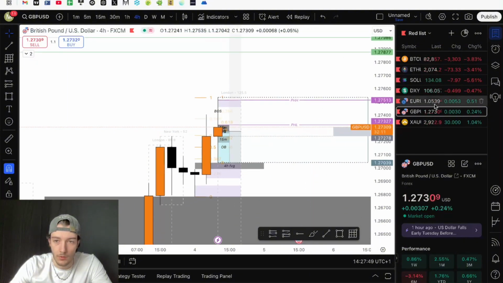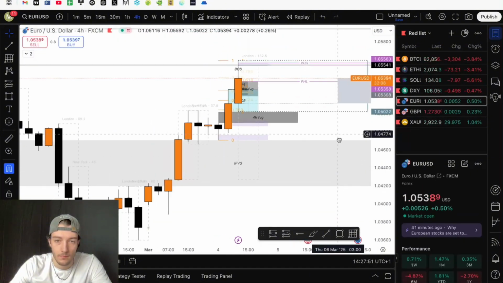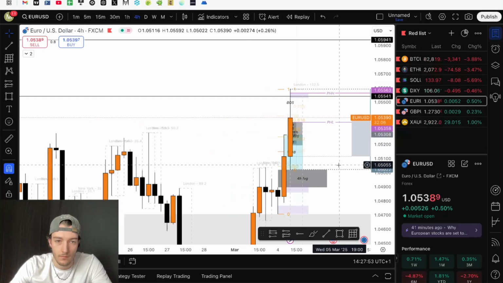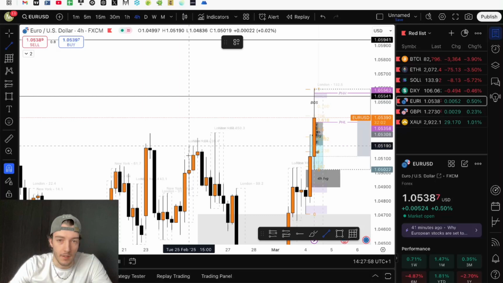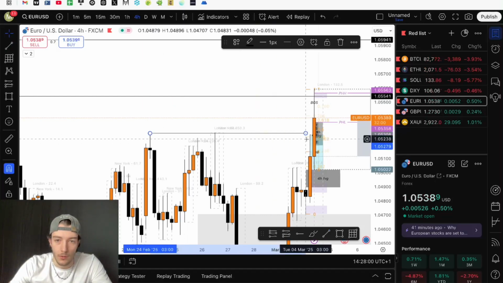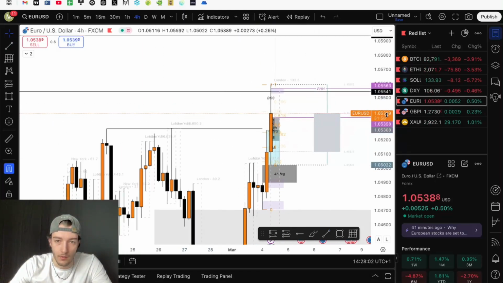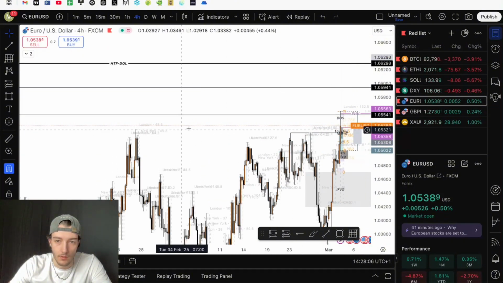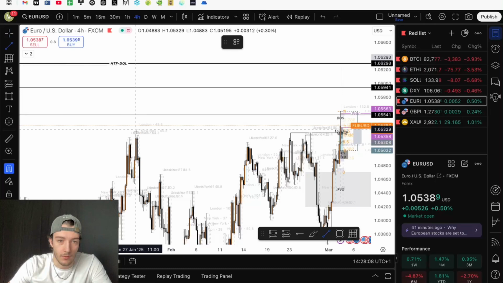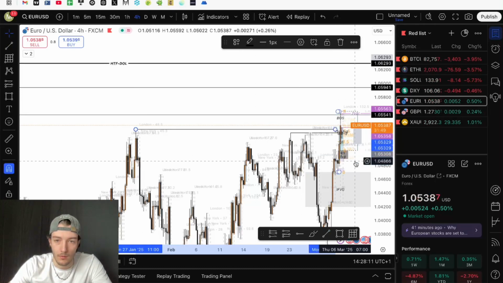Looks like a little doji. Yeah, I gotta keep an eye on these highs, whether we close this 4-hour candle below or above. So this one here could easily be just a 4-hour liquidity sweep.